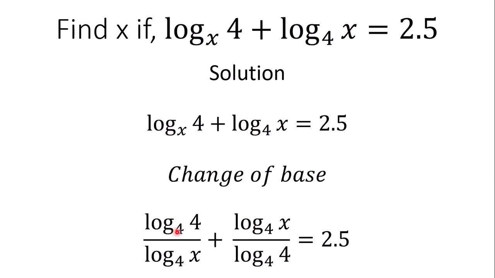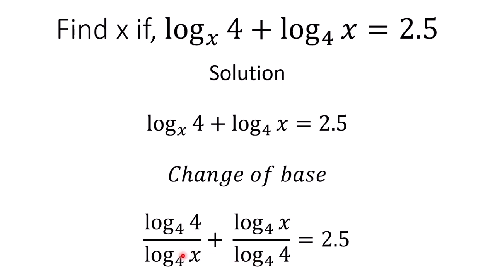Okay, so log 4 to the base of 4 divided by log x to the base of 4 plus log x to the base of 4 divided by log 4 to the base of 4. Now here, from the laws of logarithm, when the base and the number are the same, it cancels out. So this one will give you what? 1. And then when you come here, this one will also give us what? 1.